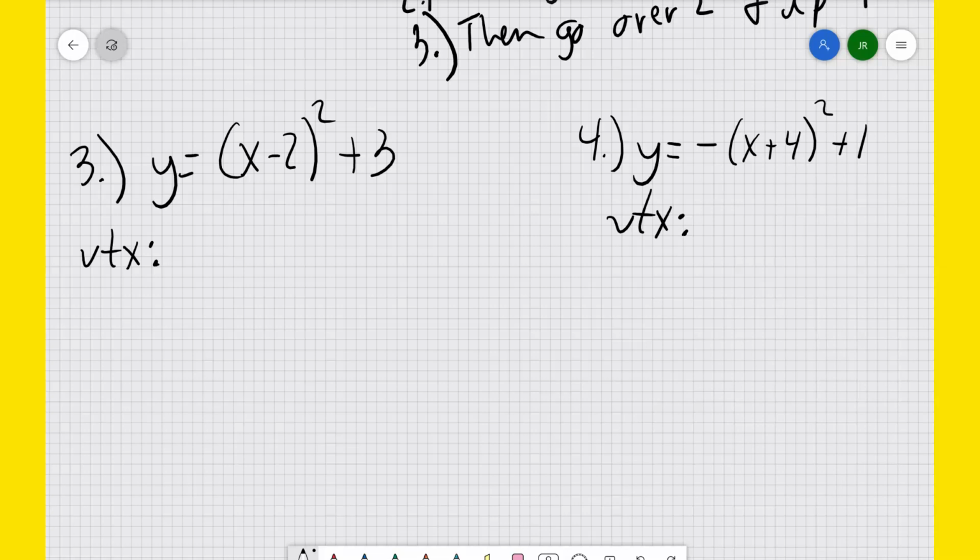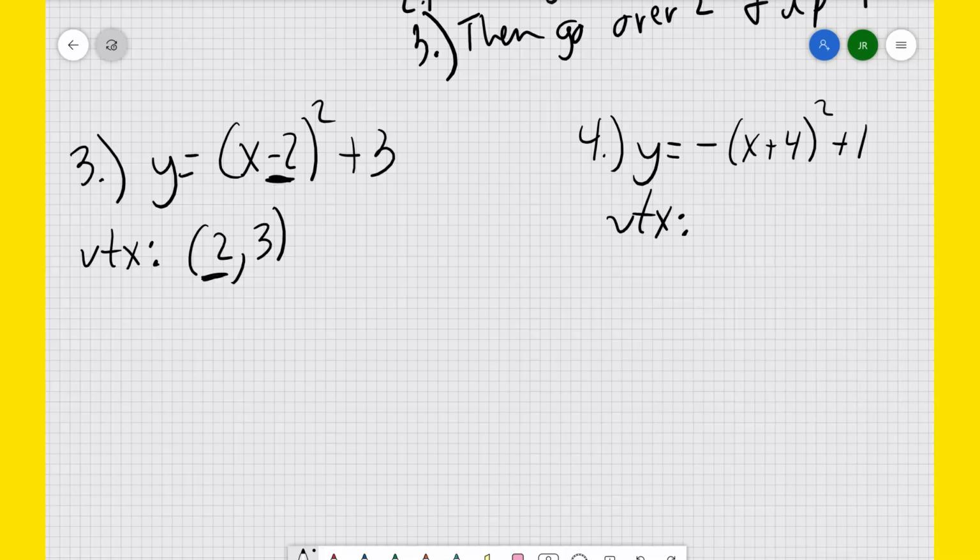What is the vertex here? The vertex is 2, 3. Even though that says -2 in there, the X coordinate of the vertex is always the opposite of what that number is in the parentheses. This is always the opposite of this.